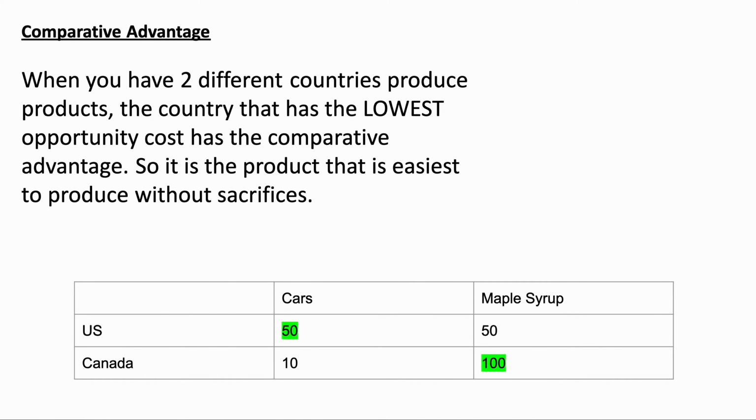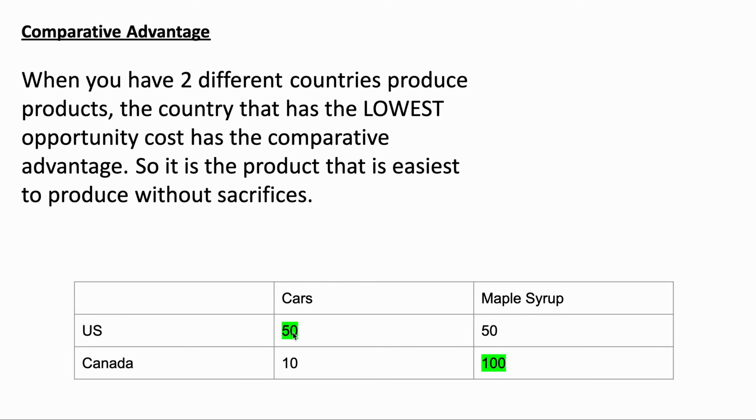Now, comparative advantage is a little bit different from absolute advantage. Comparative advantage is simply the country that has the lowest opportunity cost of producing a product. So let's actually calculate that. Same example here, but let's calculate a comparative advantage. So how we calculate opportunity cost is the most important part. Well, let's think about it.